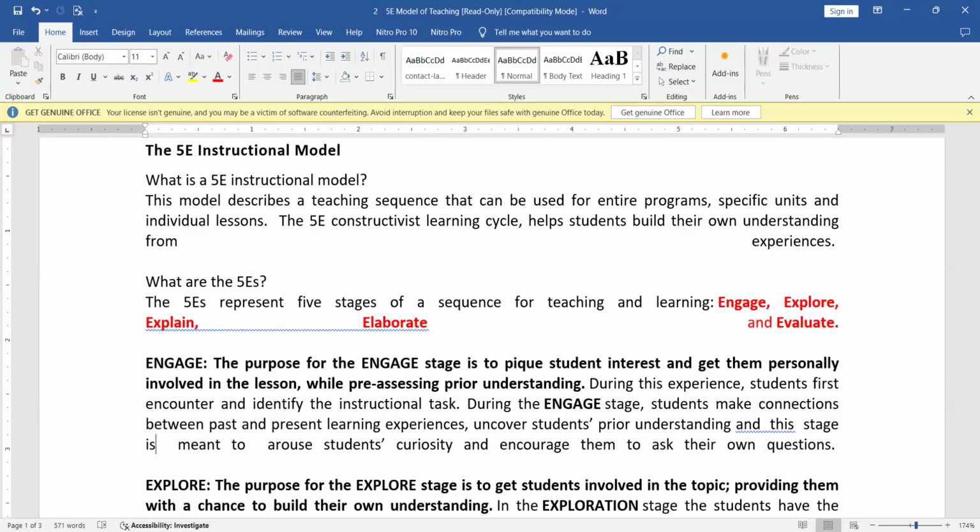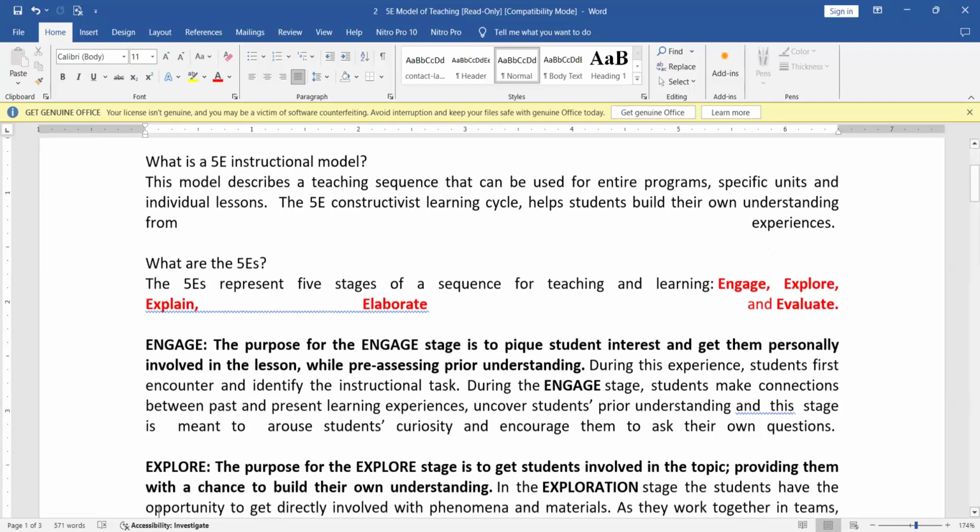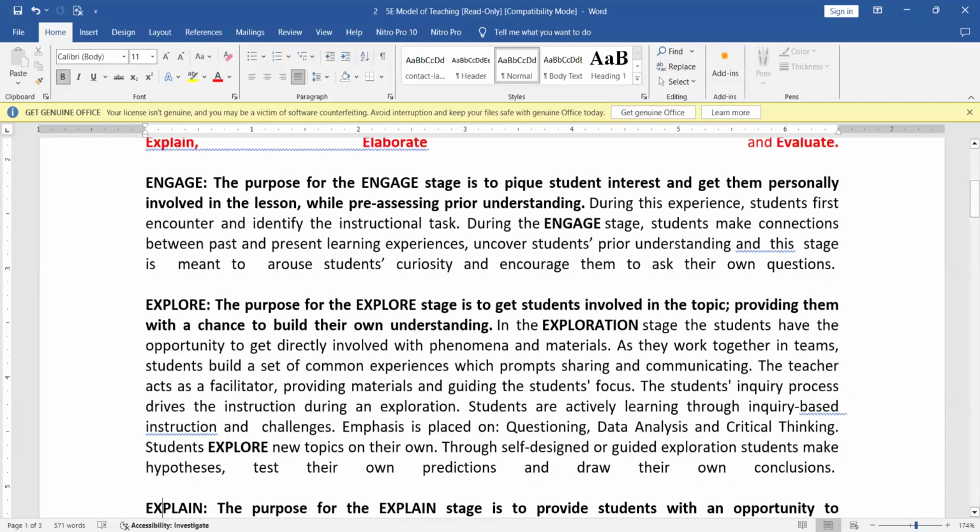It is challenging for the learner. Because of that, you organize group work, cooperative learning in the class. There is more than one head, so they can share their knowledge. The exploration is giving them an activity to explore the new knowledge in groups, in a cooperative learning environment.